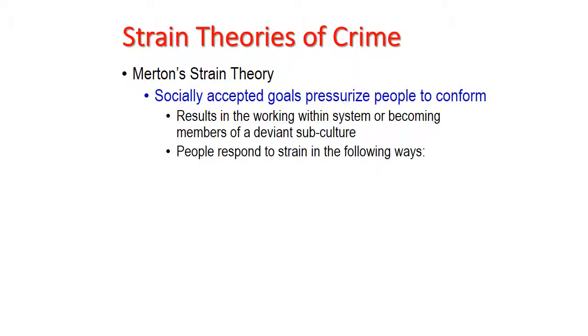However, he suggests that not everybody is able to conform to these goals because they may have limited access to amenities or opportunities that actually help them achieve these goals.